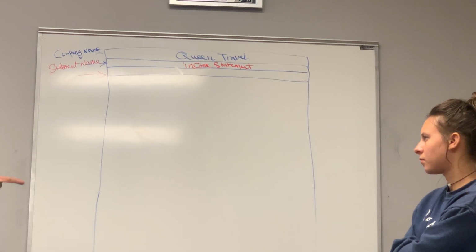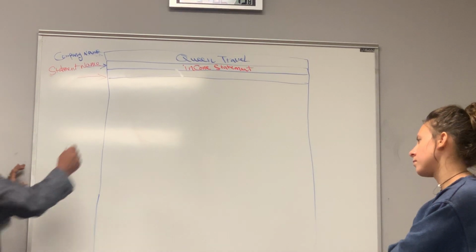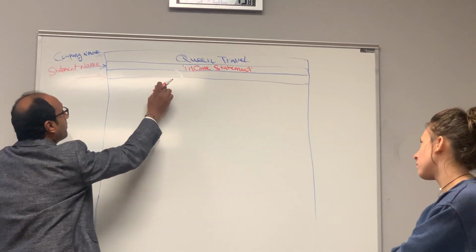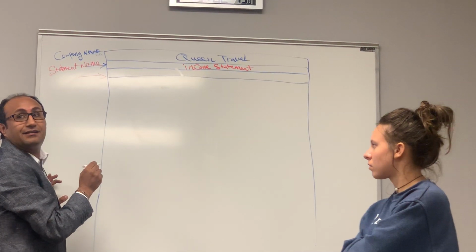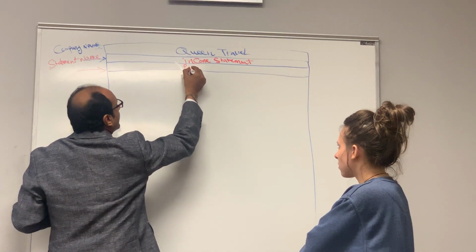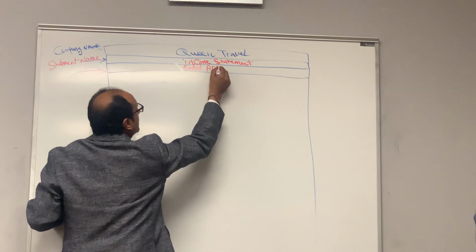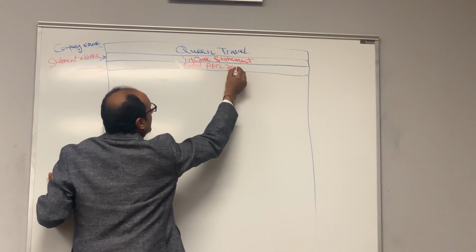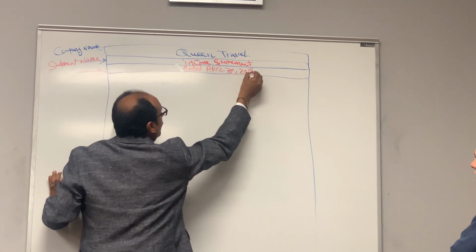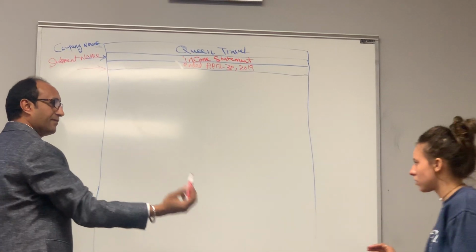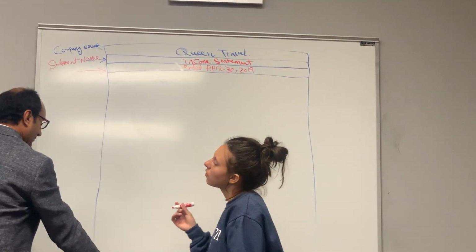Period of time. Perfect. So here, income statement for the period ended April 30, 2019, right?